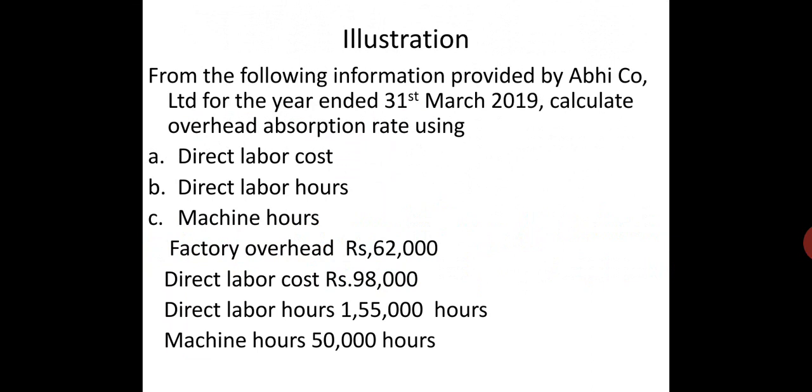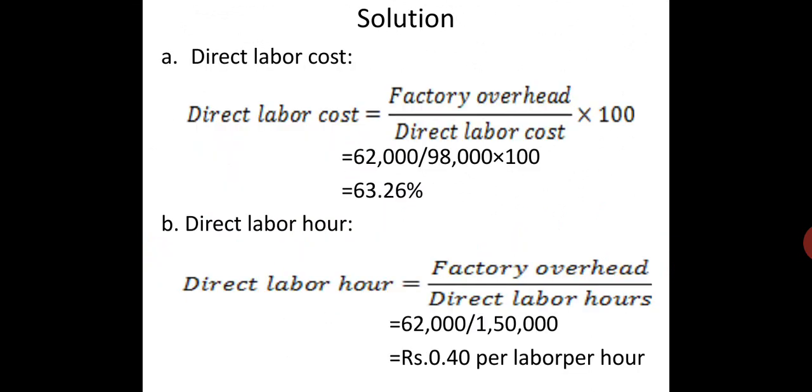The given information is factory overhead rupees 62,000, direct labor cost rupees 98,000, direct labor hours 1,55,000 hours and machine hours 50,000 hours.